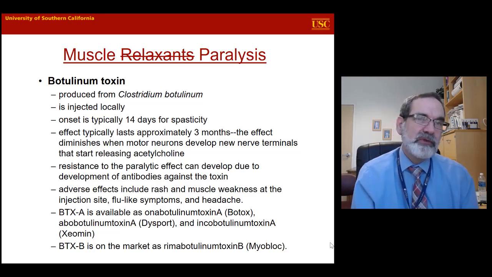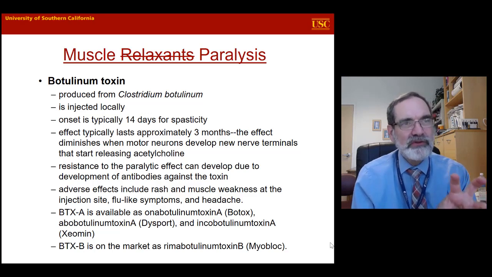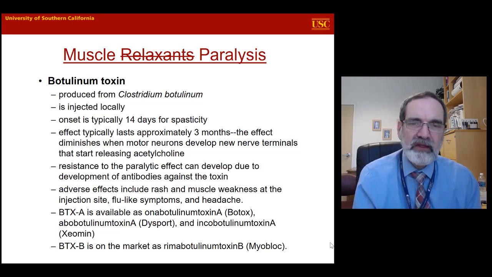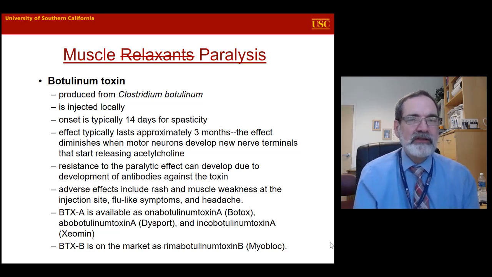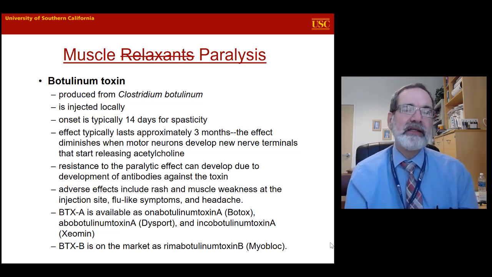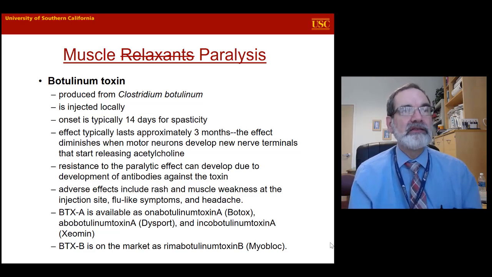It's not permanent because the motor neurons will actually grow new terminals that are not blocked to activate the muscles. Over time, you can get resistance to the paralytic effects of botulinum because the body will actually develop antibodies to botulinum and neutralize it.